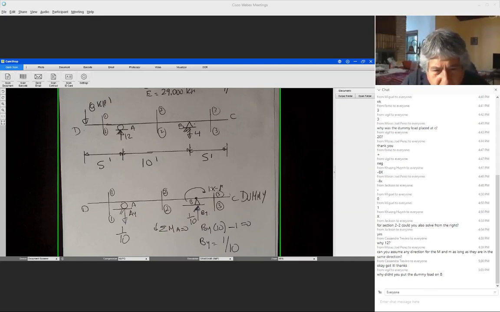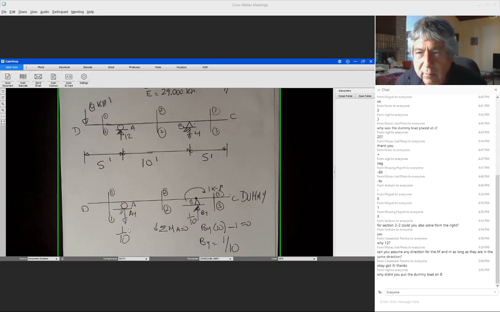Only one known moment in here going in this direction. This moment has to be in the opposite direction to put it in equilibrium. I apply moment about point A. You can see By times 10 minus 1 equal to 0. By is 1/10. Summation of forces in Y, 1/10. Always.